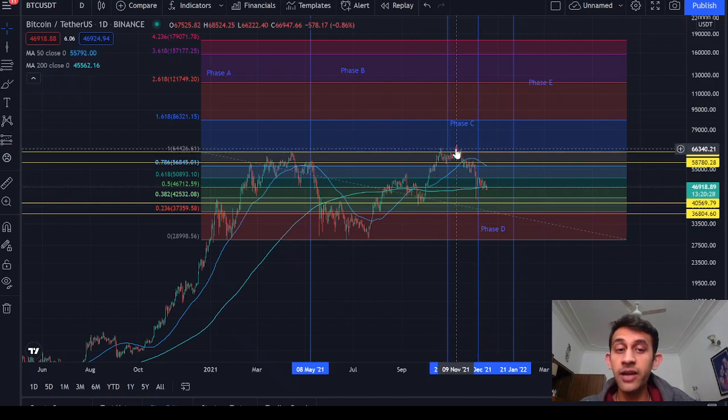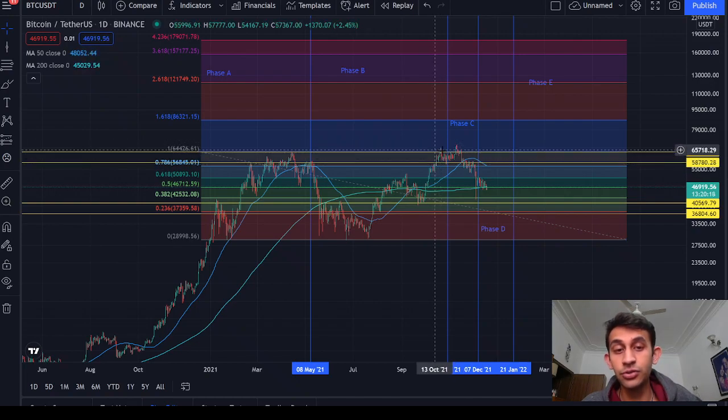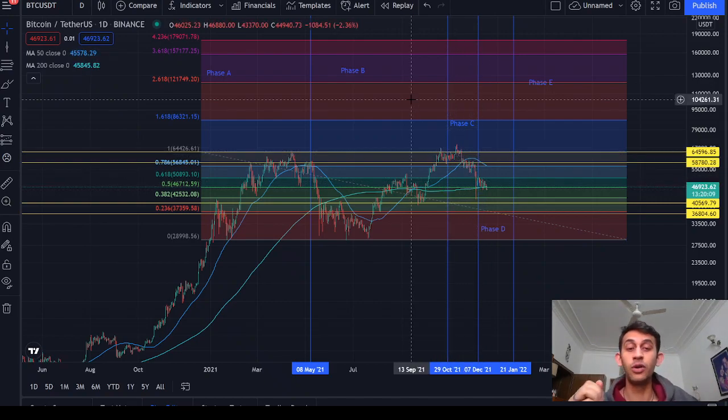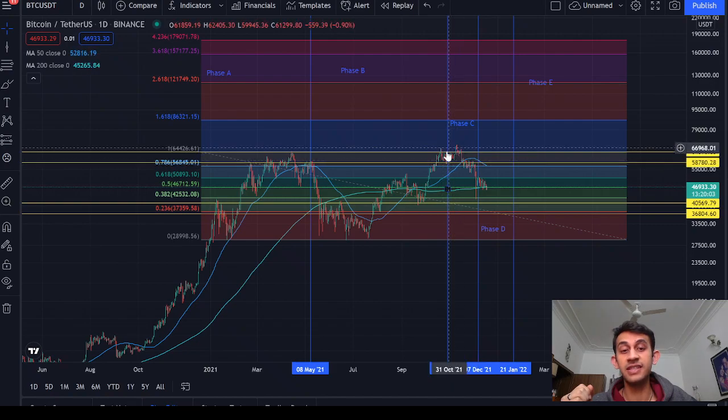After creating the pseudo high, we see a major uptrend, because this is where the retail investors start pouring in, where they think that this is the time to invest, this is the time where the market is gonna go up. This is when they start investing. After the pseudo all-time high, we create another all-time high. But after the all-time high, we basically see a massive selling volume coming in, because people who have invested heavily in this phase, between phase B and phase C, are the ones losing the most money.